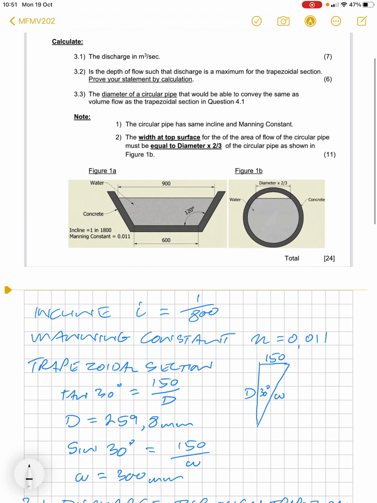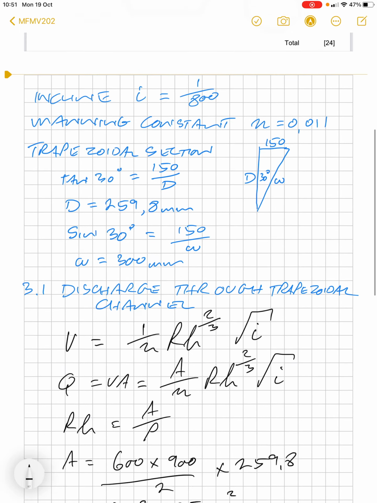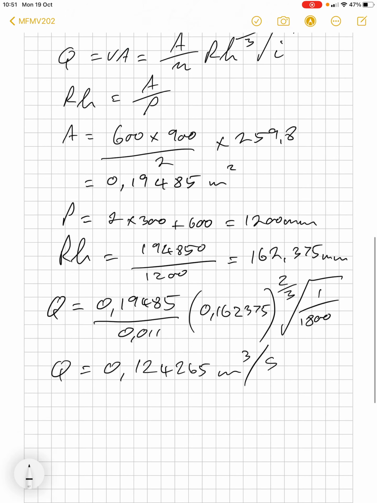Secondly, is the depth of flow such that discharge is a maximum for the trapezoidal section? Prove your statement by calculation. Is this a maximum flow?